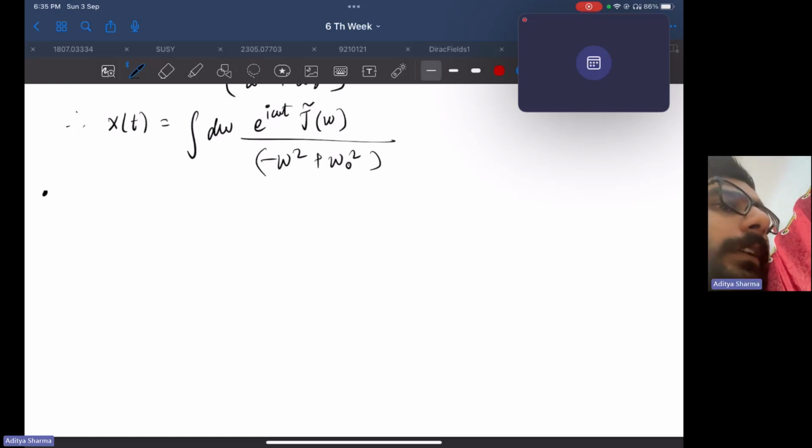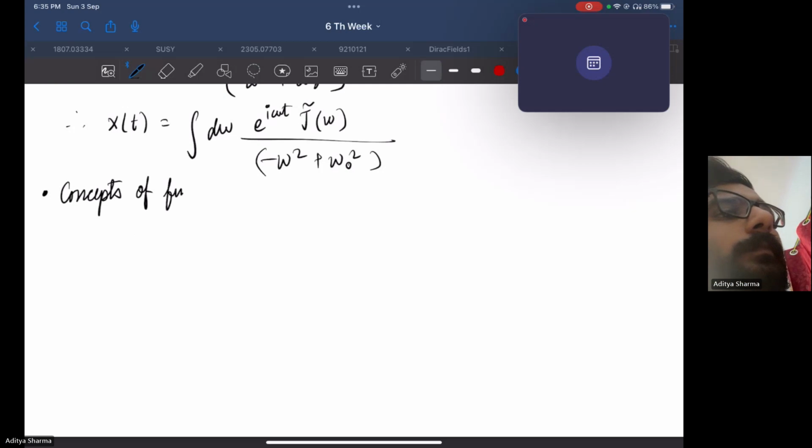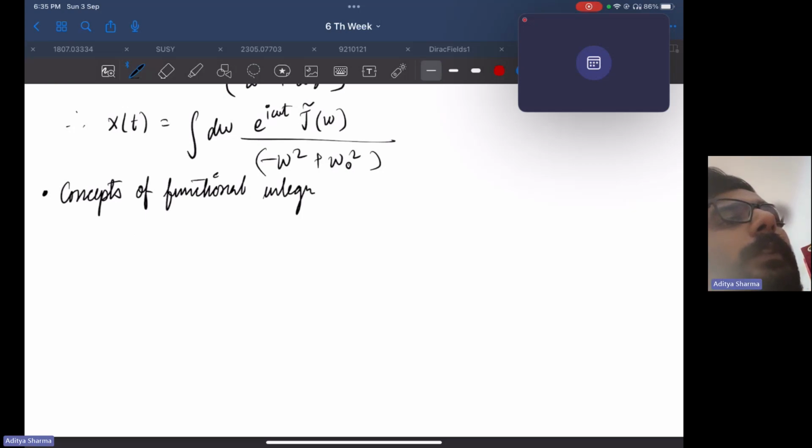So yeah, and after this was done, he talked about some concepts of functional integration, which is nothing but the idea of path integrals. So path integrals are involved here. He starts with the language of functional integrals.